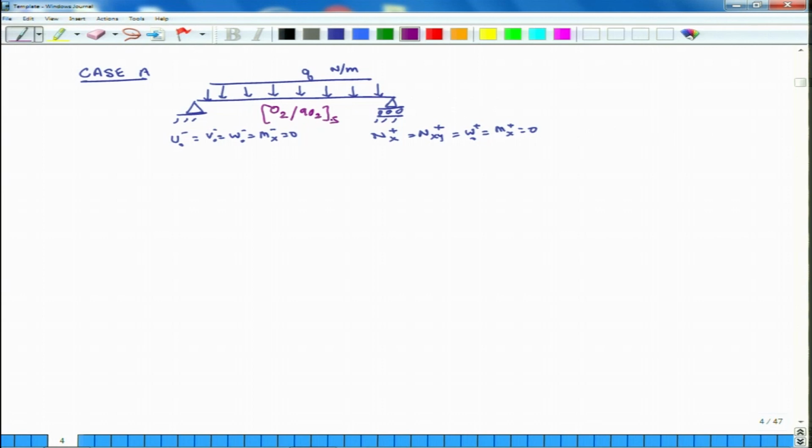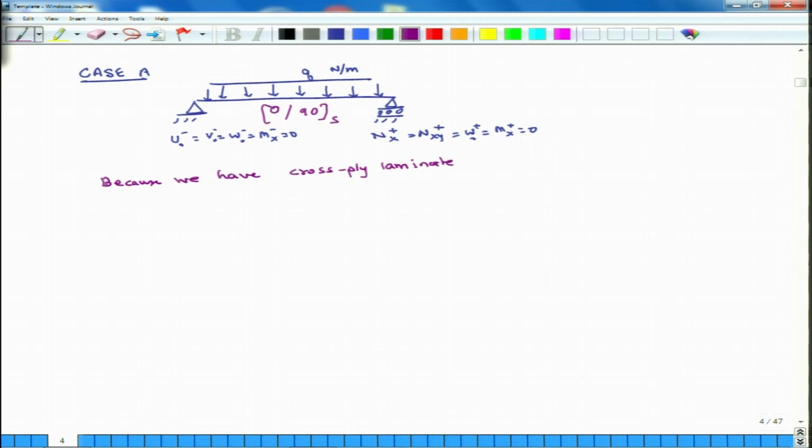So, what we will do is, because we have a cross ply laminate. If I can recall, there was 0 and 90 symmetry. So, this is not 0 2, it is 0 and 90 symmetric. Because we have a cross ply laminate, and what does a cross ply laminate mean?